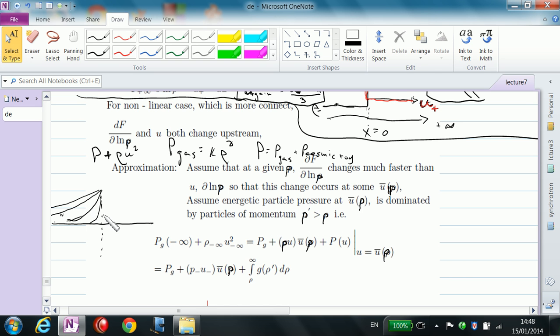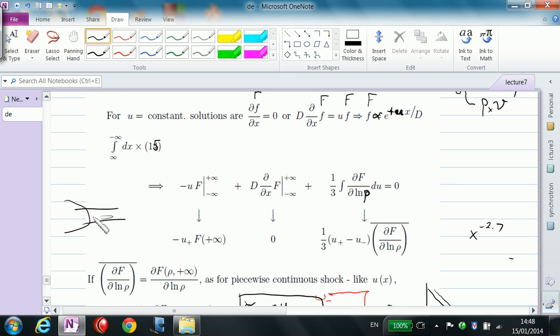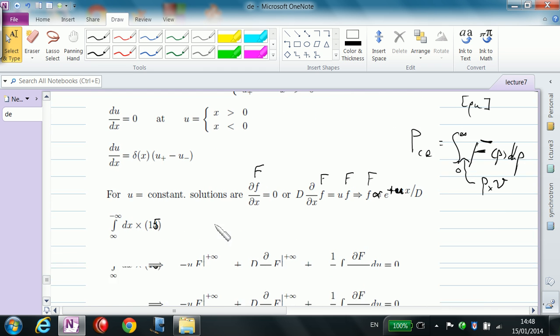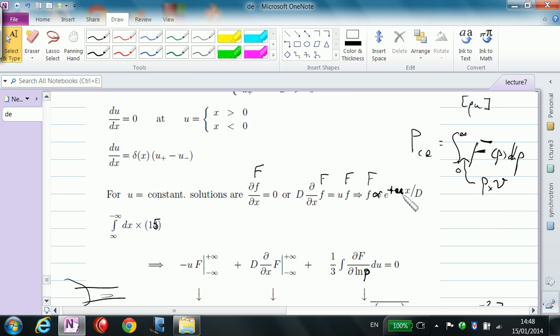It's all exponential, but the e-folding length over which the density decreases depends on the energy, because particles with small energy have small diffusion coefficients.